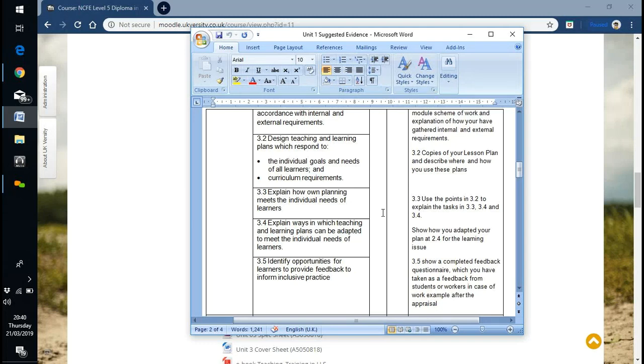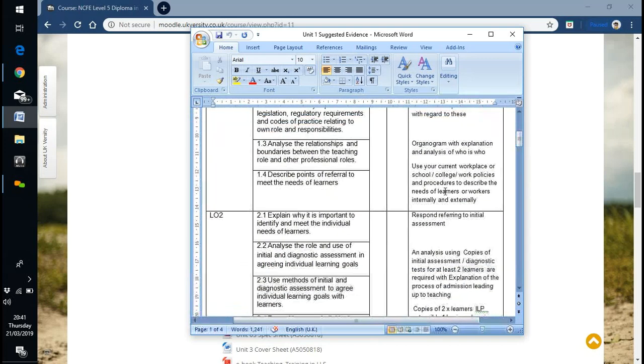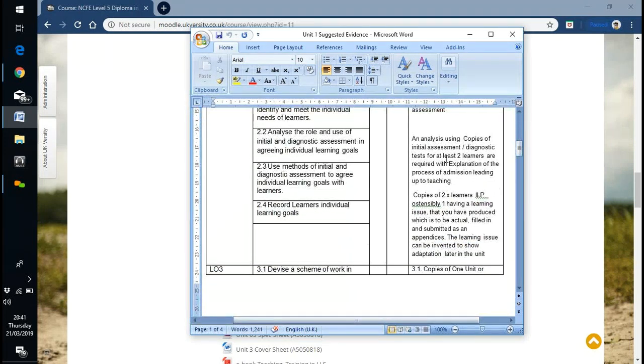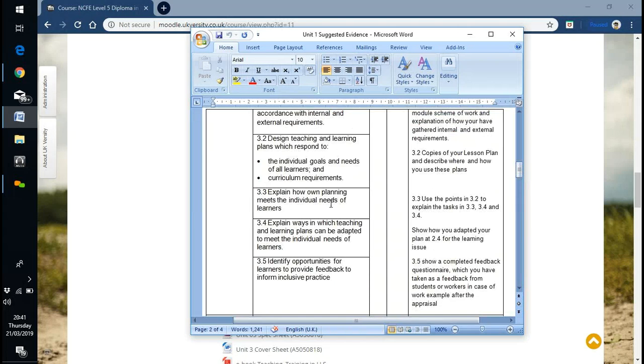So that is when I said, if you are going to use lesson plans and initial assessment, your diagnostics and your ILP, for two learners, one having an issue, this is where it comes in, because you can explain at 3.3 how you've got that learner, and then 3.4, you can explain how you've adapted that plan to meet those individual needs.